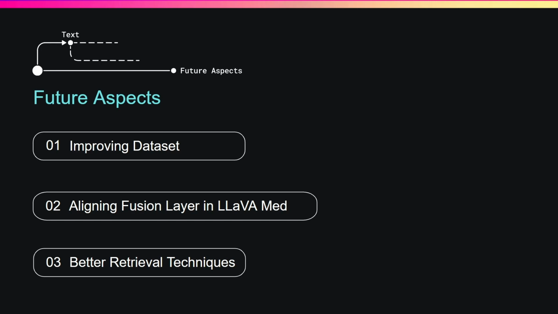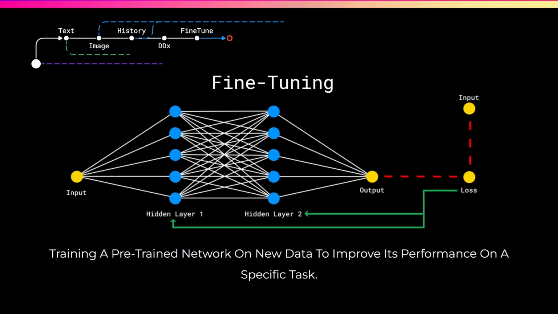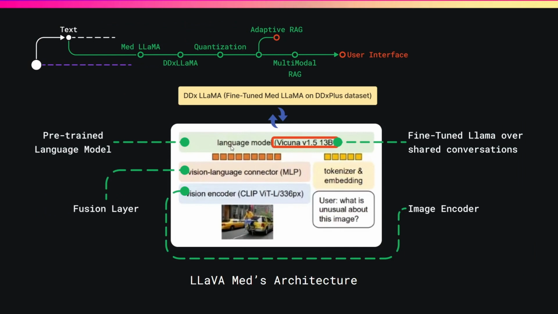And as I told you earlier, we wanted to swap out the pre-trained Vicuna with our DDx Llama. After replacing this, an essential alignment is required between the language model and the vision encoder, because the original fusion layer was between the plain vanilla Llama 2 weights and a vision encoder, and now our weights have changed.